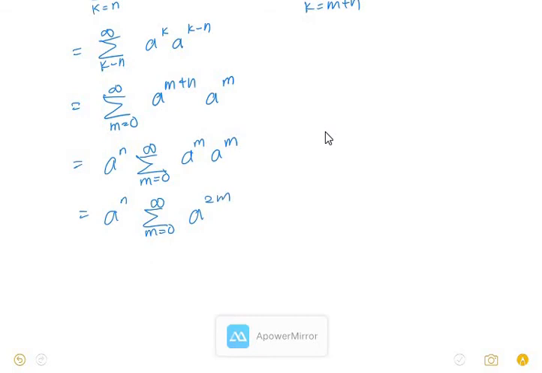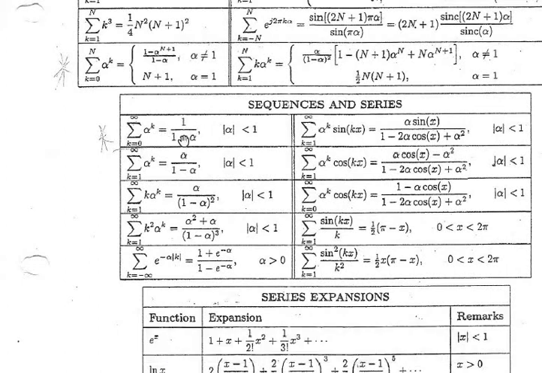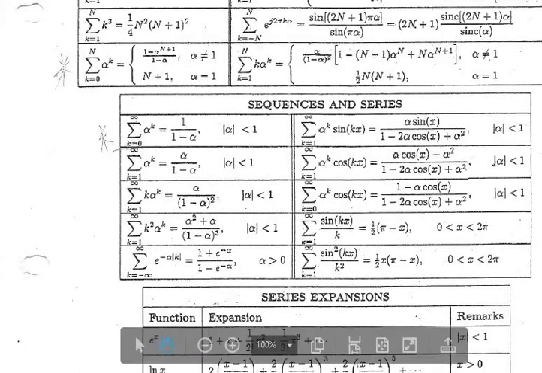And I assume a squared equals alpha, so that I can find it from the sequence table. This is the sequence and series formula: the summation of alpha^k equals 1 over 1 minus alpha.